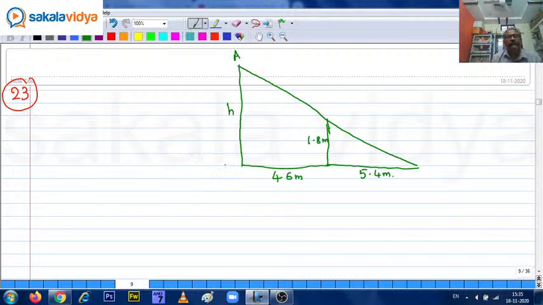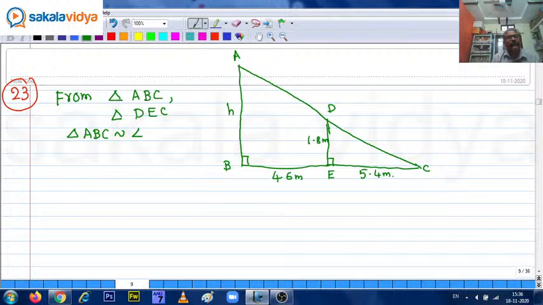Say ABC, DE. This is 90 degrees, this is 90 degrees. See, triangle ABC is similar to triangle DEC.